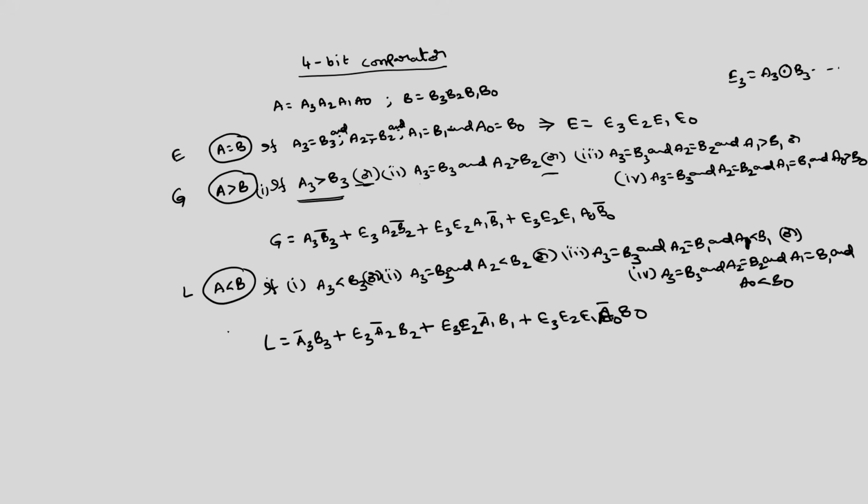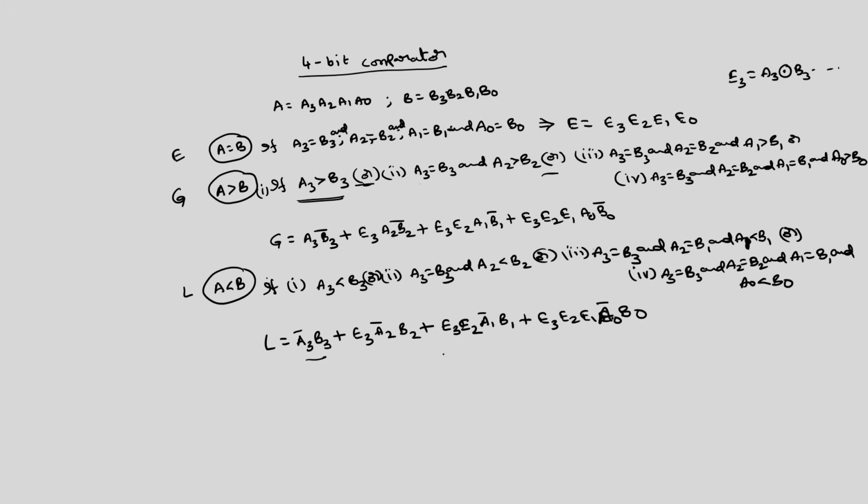Now, we can construct this 4-bit comparator using two 2-bit comparators by appropriately defining these values. Then you can instantiate the 2-bit comparator twice, and with some external gates such as AND and OR gates, we can construct this 4-bit comparator.